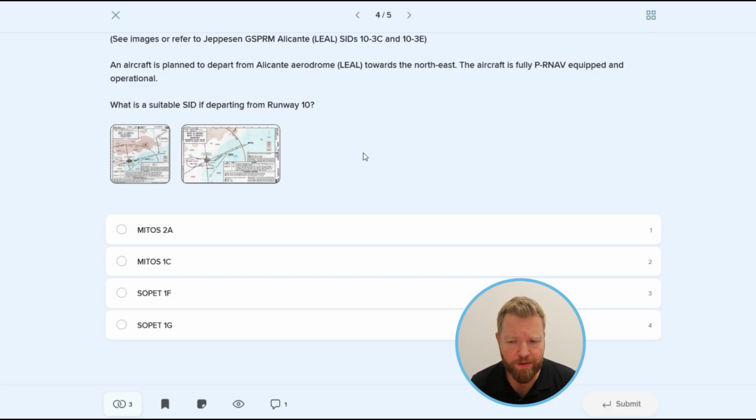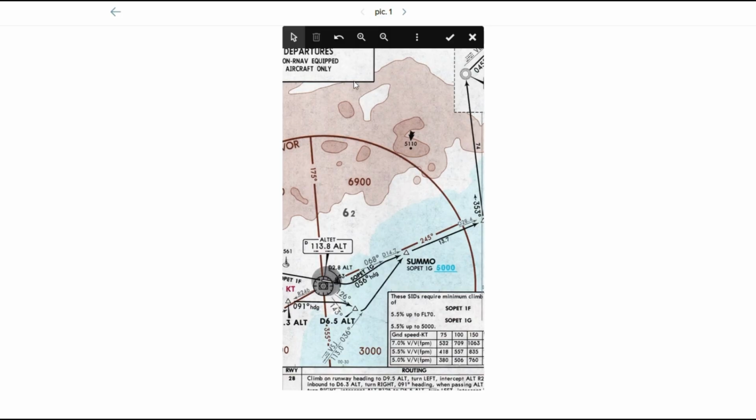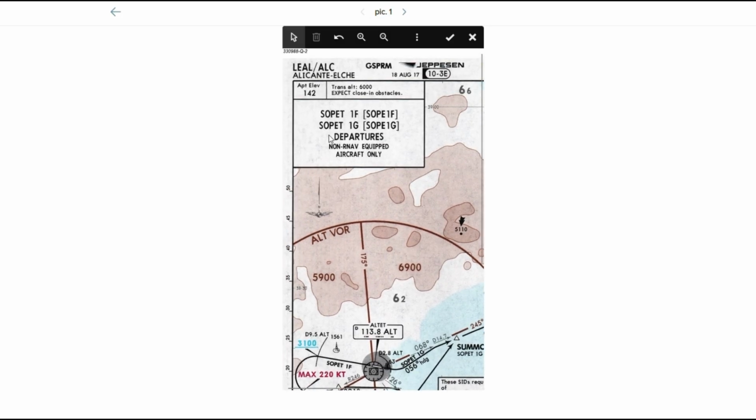Now coming back to our departure, let's open the first chart. Here in the right corner, just below the procedure designator, we can find the navigational capabilities and additional requirements. Straight away, we can see that these two procedures are available only for aircraft not equipped with RNAV capability.